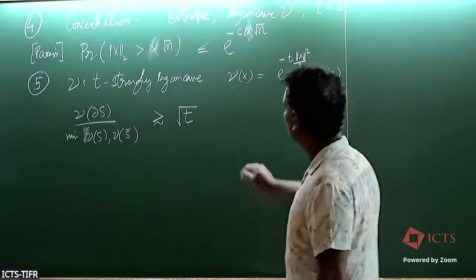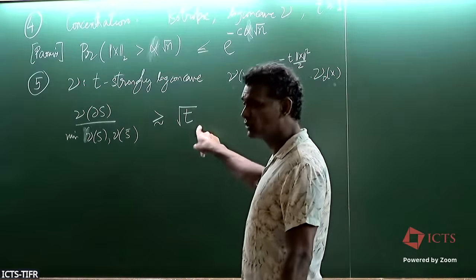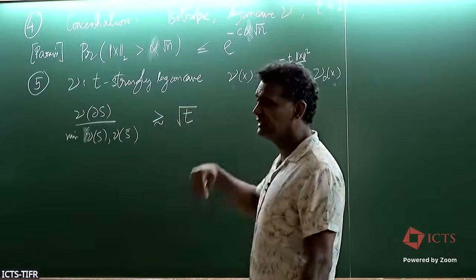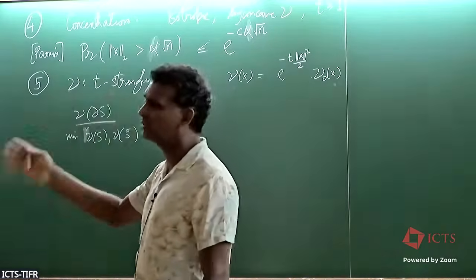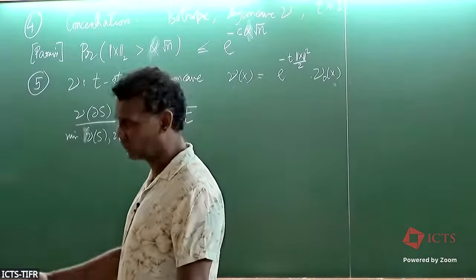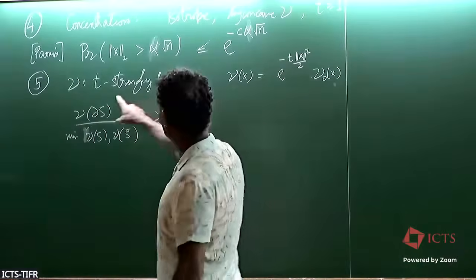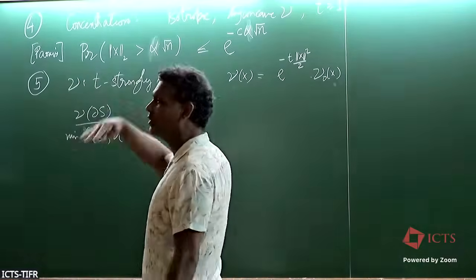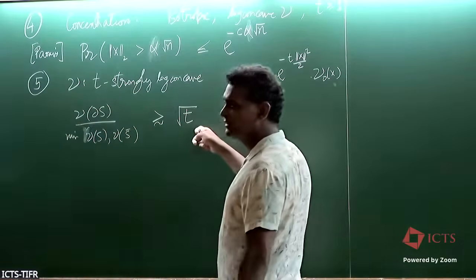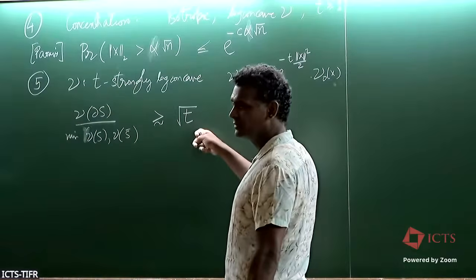So in particular, if t is 1, if it's a strongly log concave distribution, then the KLS constant and the Poincare constant are a constant. But even if it's not strongly log concave with t equal to 1, let's say t is some parameter like 1 over log n, you'll still get something highly non-trivial.